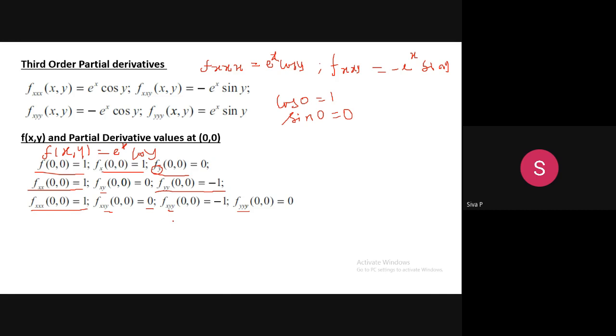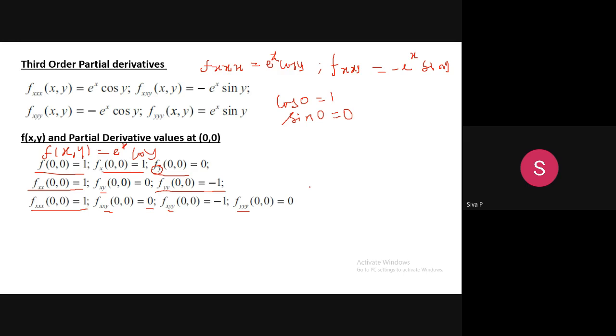Okay, and one more thing, for all the odd or even values of x, that value is 1. But for an odd value of y, that value is 0. That means the suffix values fy, fyy, not fyy here. Okay, these values are 0.